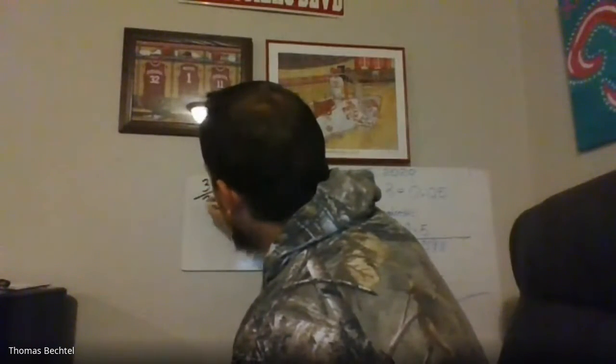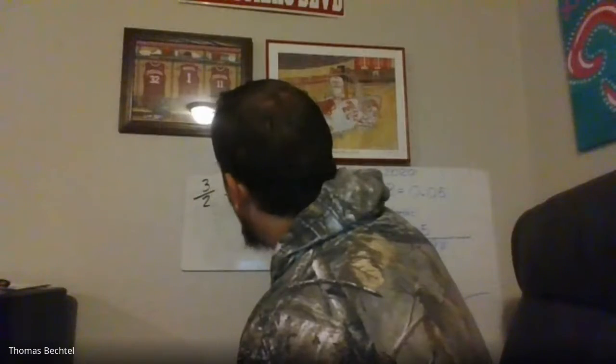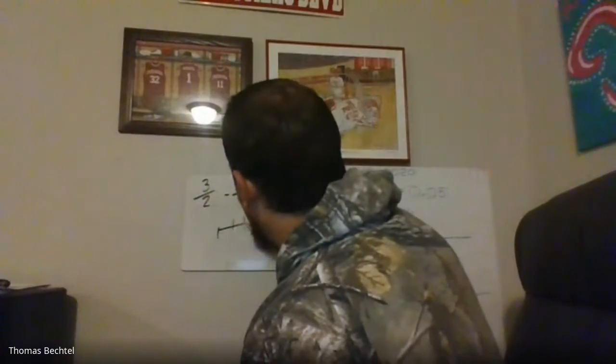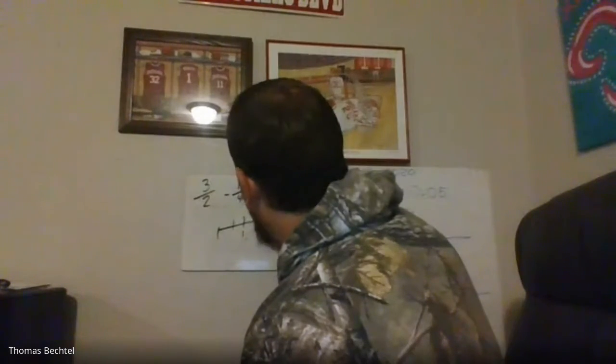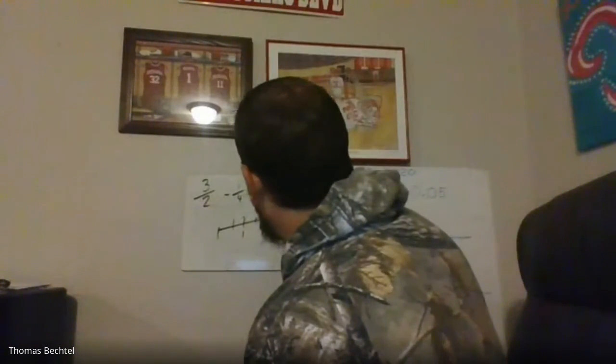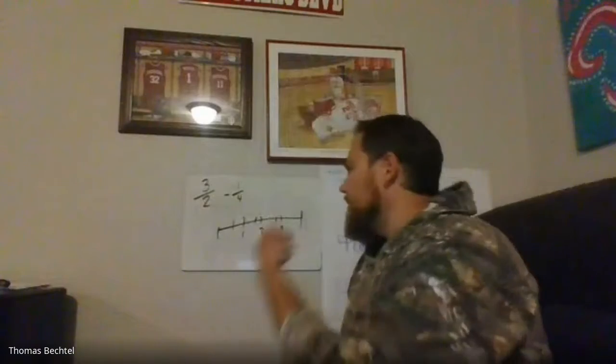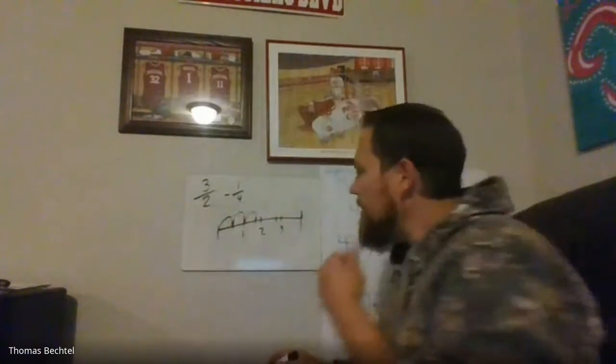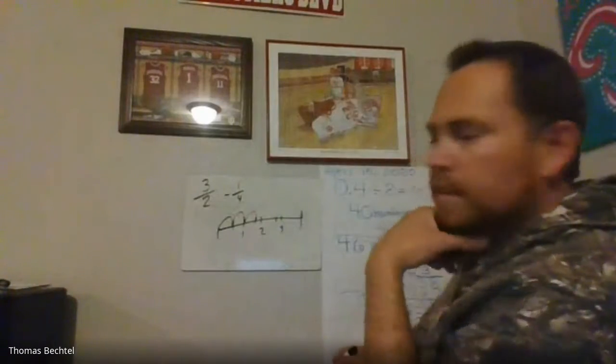Okay, so let's look at a little bit different problem. Let's look at 3/2 divided by 1/4. Okay, same thing. So we have 3/2, so there's 1, 2, 3. Dividing it into 1/4. Now this is a little bit different.